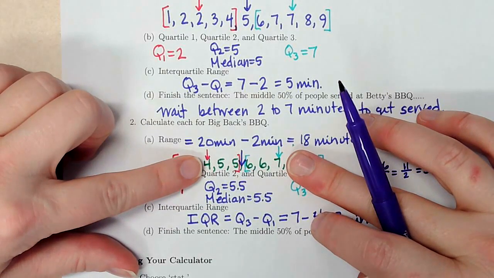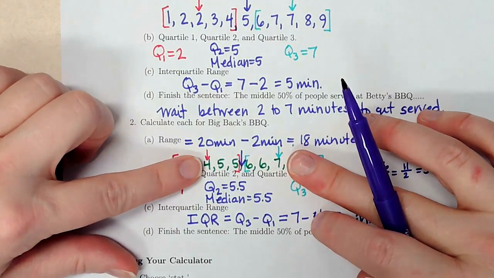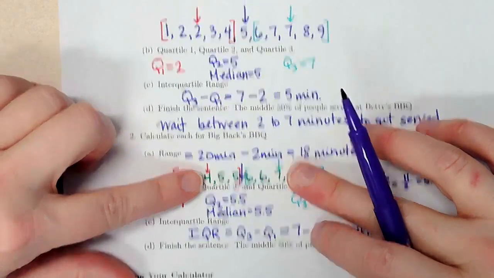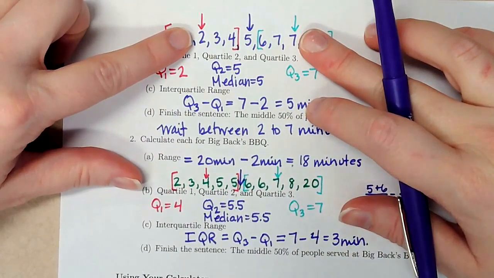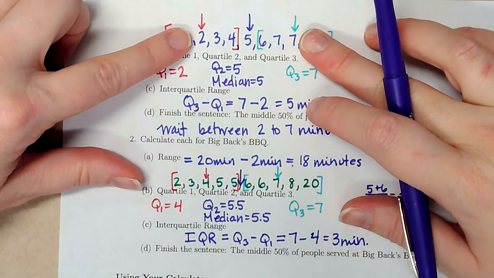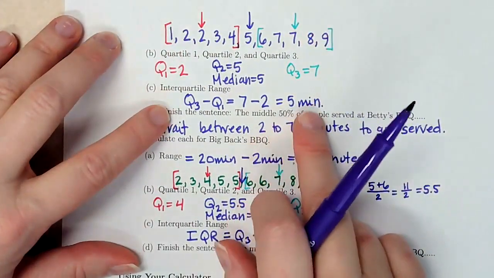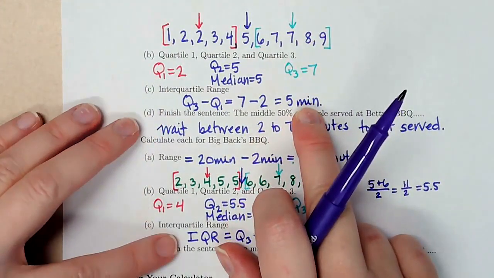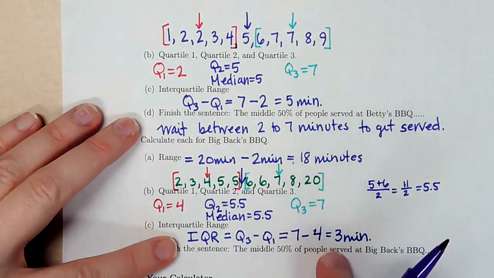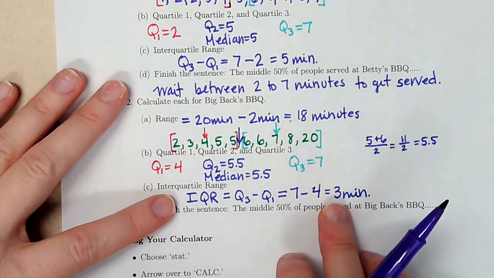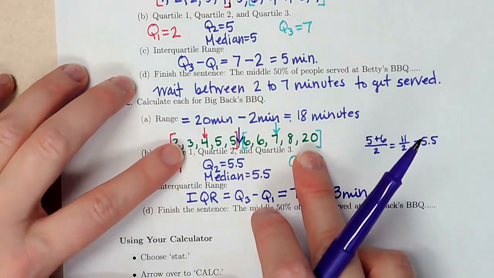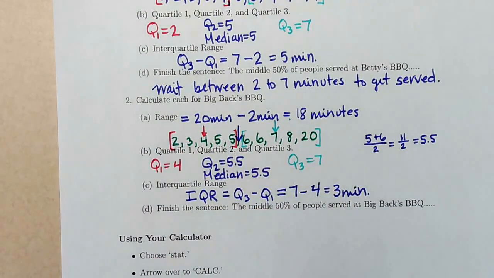It's pretty predictable that you're going to wait around 5.5 minutes, to be honest. Whereas up here, when we did that, you could wait 2 minutes or you could wait 7. So that one had a bigger span, even in the middle quarters without the extremes. This one is more predictable, except for these extremes in general.